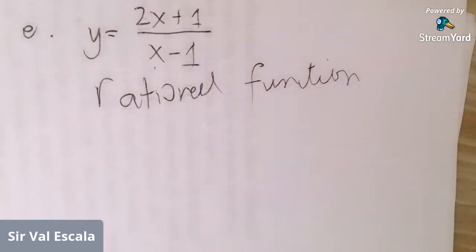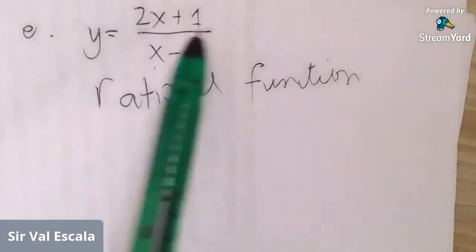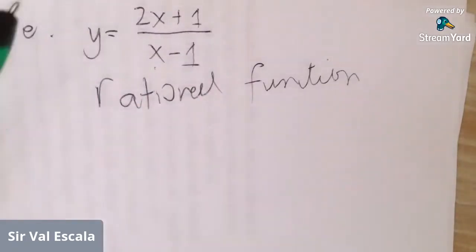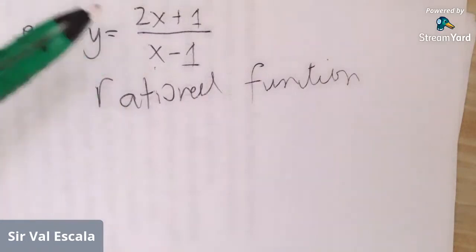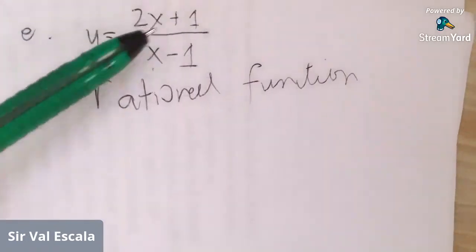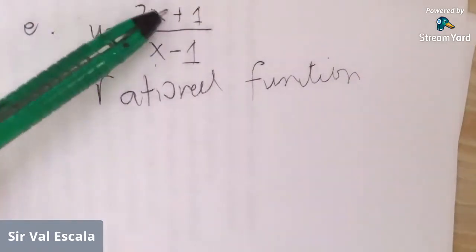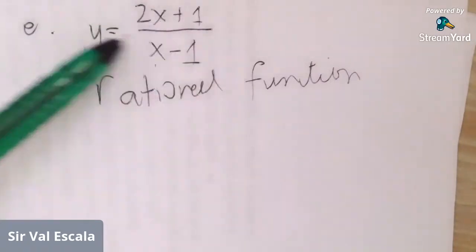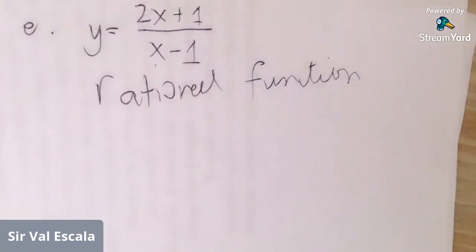So, pag may denominator siya, or fraction siya, na meron tayong given na x at y, tapos kahit anong exponent ng x, basta may ganyan, may denominator siya, it counts as rational function.